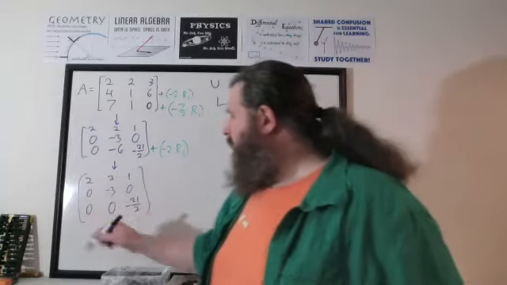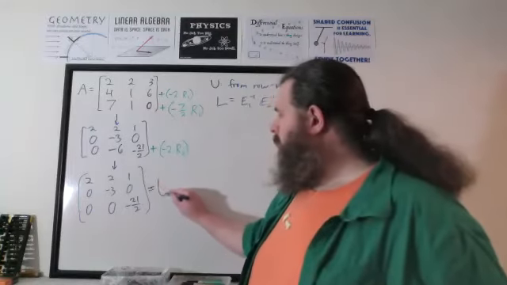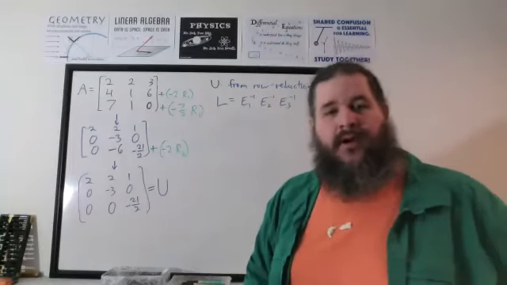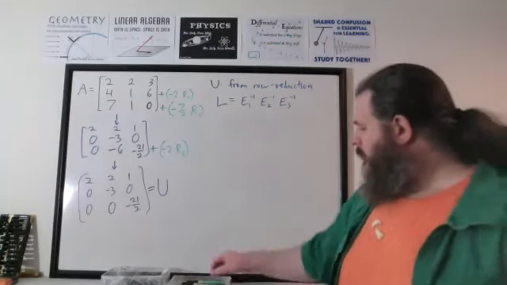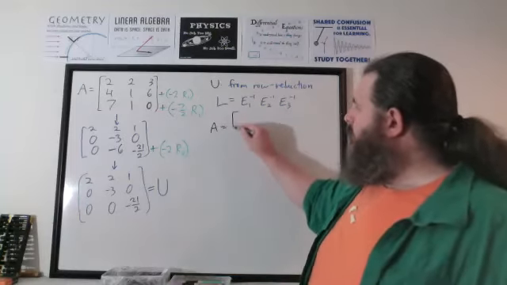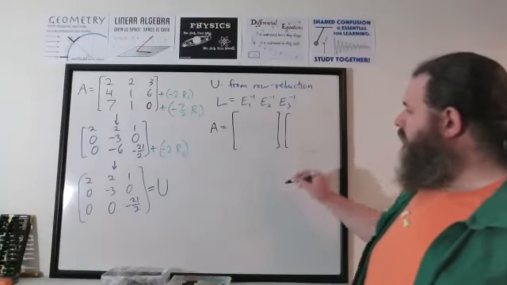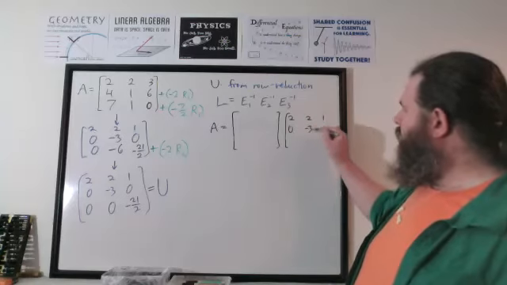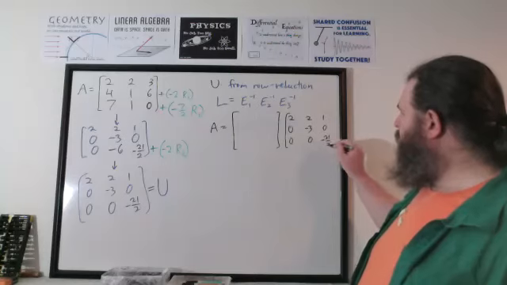So this would be upper triangular. So we would call this our matrix U. U is this final result of the row reduction process, once we've got it to purely upper triangular form. So let me make a note of that here. A equals some lower triangular matrix we don't know yet, times this upper triangular matrix 2, 2, 1, 0, -3, 0, 0, 0, -21/2.